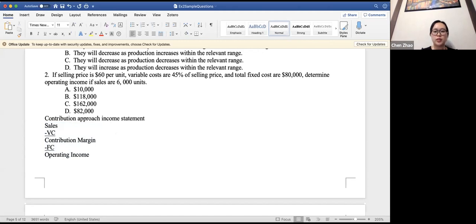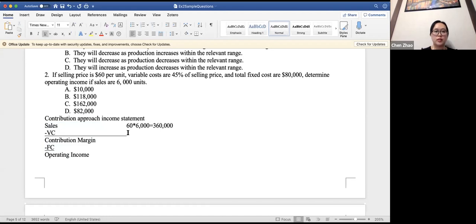We don't have total sales, right? But we have sales per unit, which is $60. And then we know how many units we sold. It's 6,000, right? So our total sales is $360,000, right?